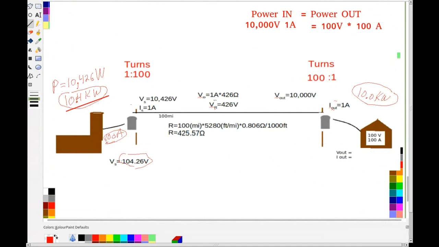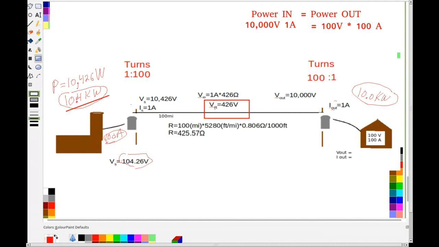the electric company is going to generate 10,400 watts. Okay. And that 400 watts is because they're going to lose that in this resistance. So I'm paying for them to not only generate my 10,000 watts, or 10 kilowatts, but I also have to pay for them to get it to me, right?